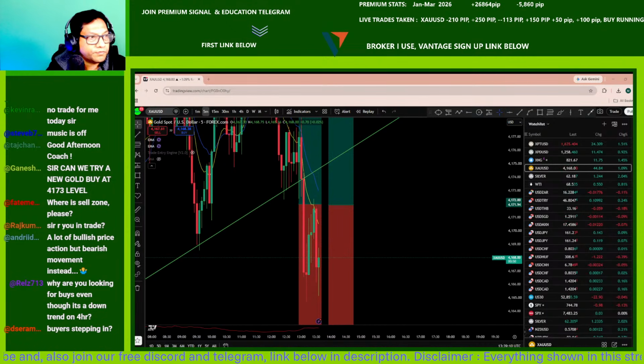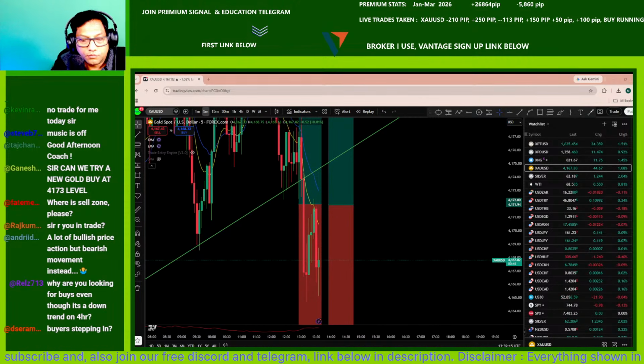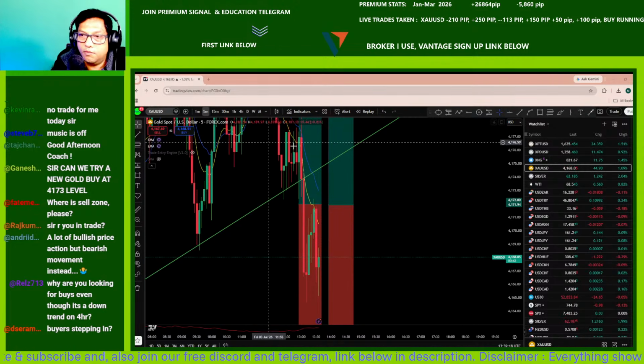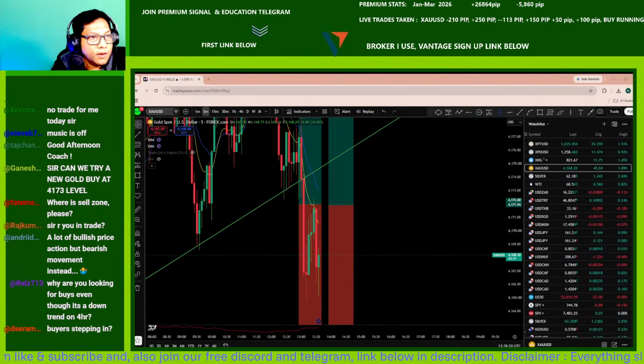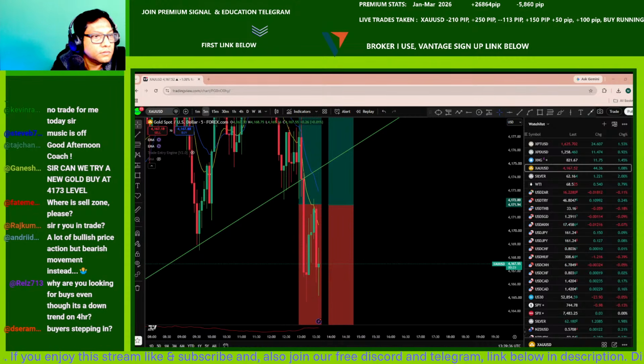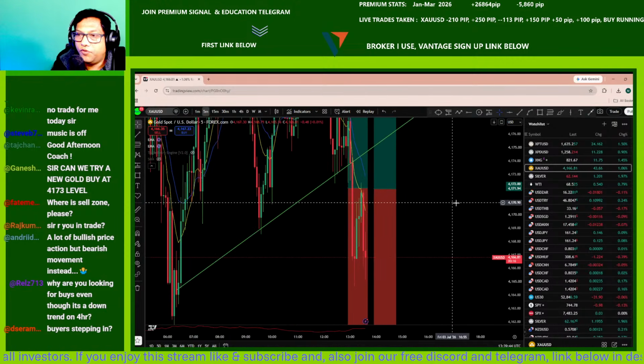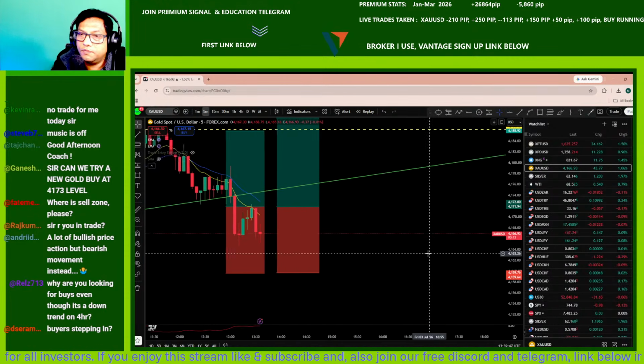Which is creating some momentum at that level. A few long wick candlestick pattern formations.